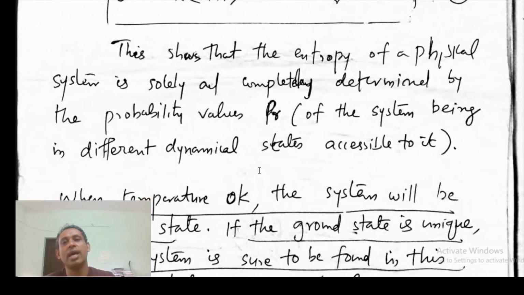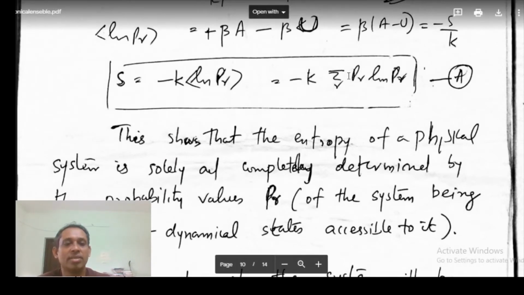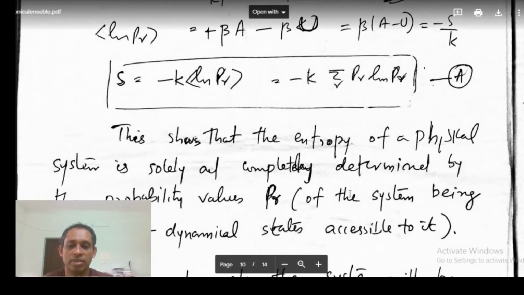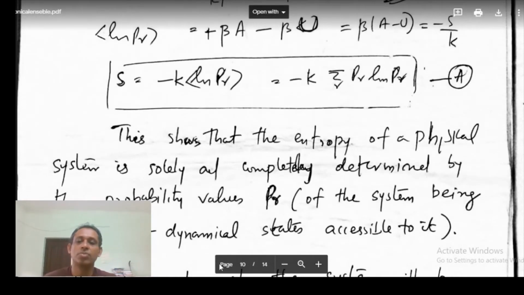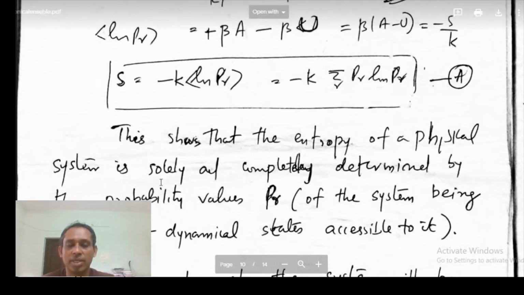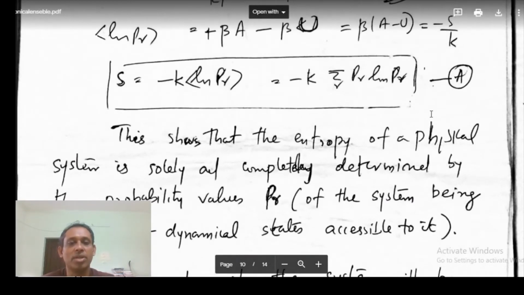This shows that the entropy of the physical system is completely determined by the probability values PR. On the left hand side we have the entropy, and on the right hand side we have the probability for the system to be in different dynamical states accessible to it. So this shows that the entropy of the physical system is completely determined by the probability. Okay, that is the importance of this relation.